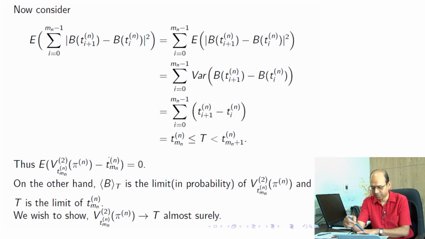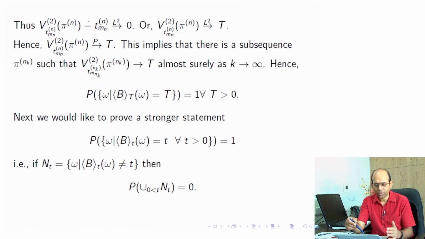So here what we have obtained is that the random variable minus its expectation is going to 0 in the L2 norm. Since the variance is going to 0, the L2 norm of this difference is going to 0. And since T_{m_n} converges to capital T pointwise, we get immediately that this sequence of random variables converges to capital T in L2.